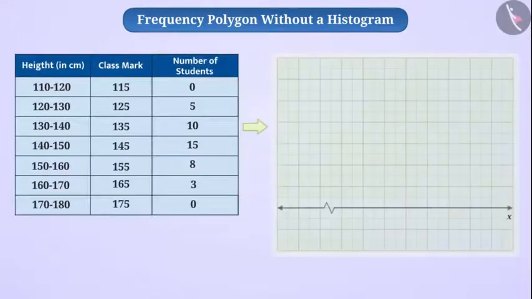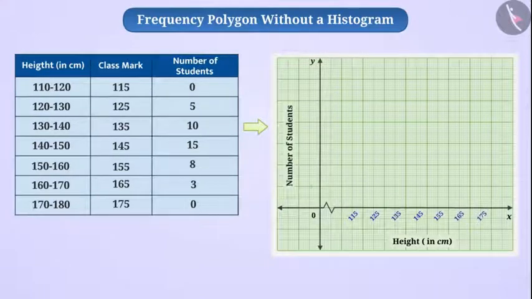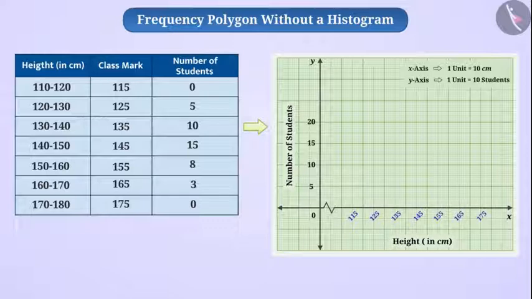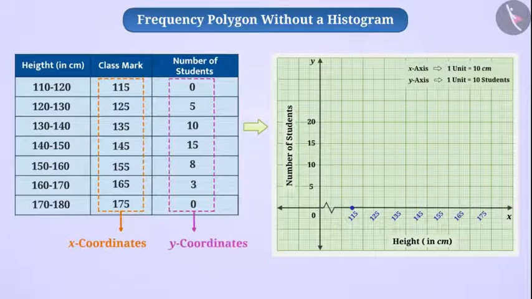Now, we will draw the x-axis and y-axis and represent class marks on the x-axis and frequency on the y-axis. Taking an appropriate scale on both axes, we will represent different points taking class marks as x-coordinates and the corresponding frequency as y-coordinates. Here, we will represent point O with coordinates 115, 0. Similarly, we will represent other points like this.